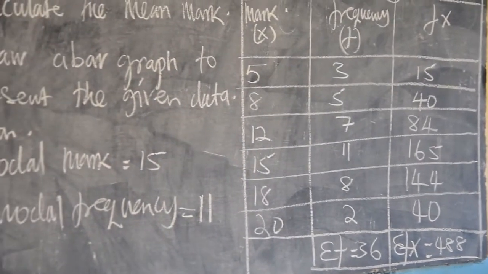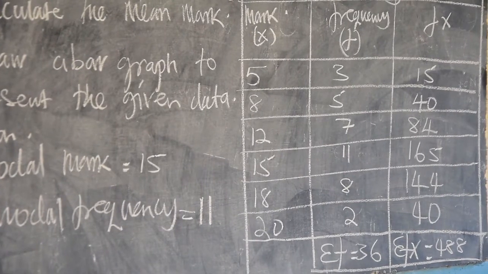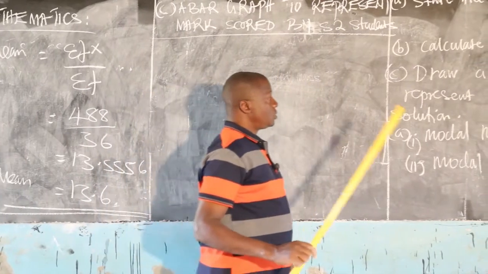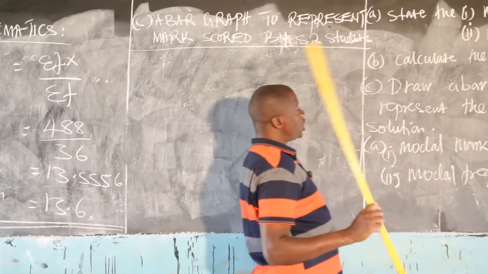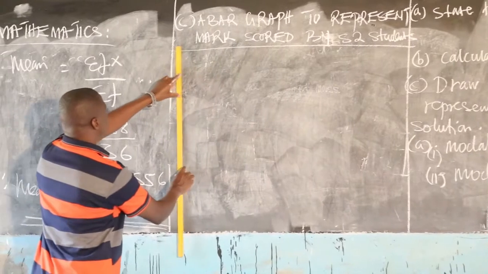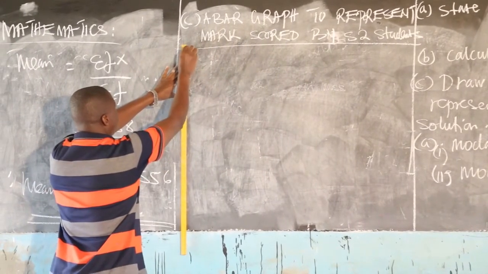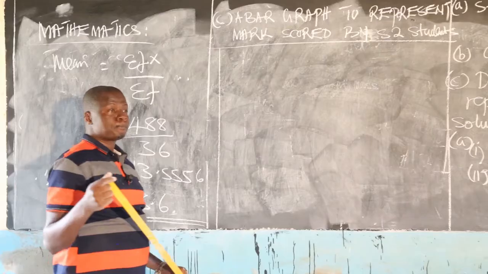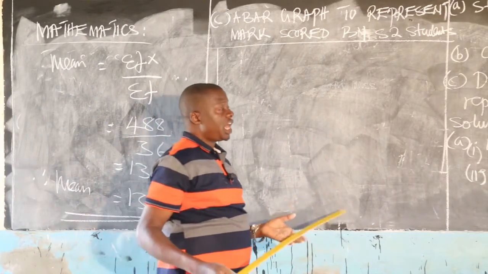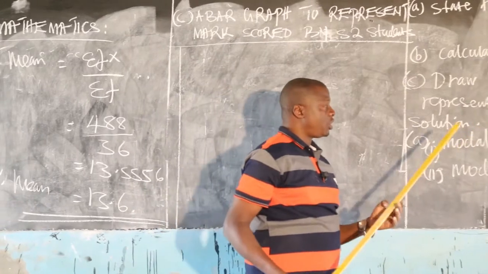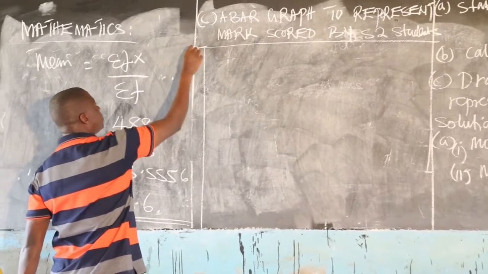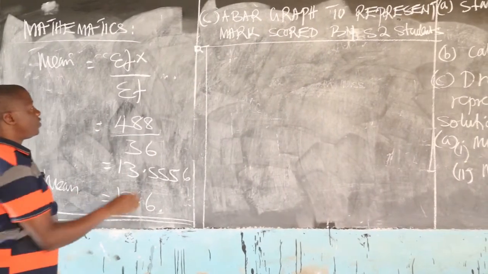So in the vertical, we are going to use 1 centimeter to represent 1 student in this arrangement. This one should be in your graph book. Before you do anything, mark the highest. Our highest is 11, but we are going to start off with 12.